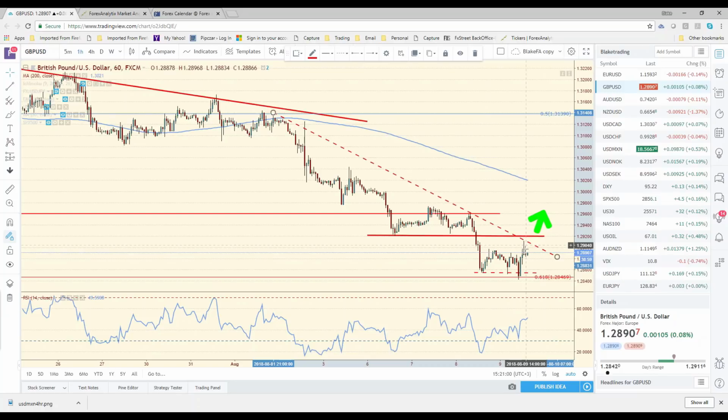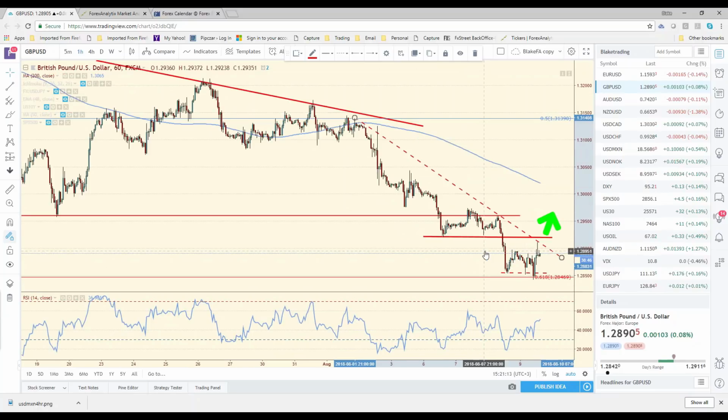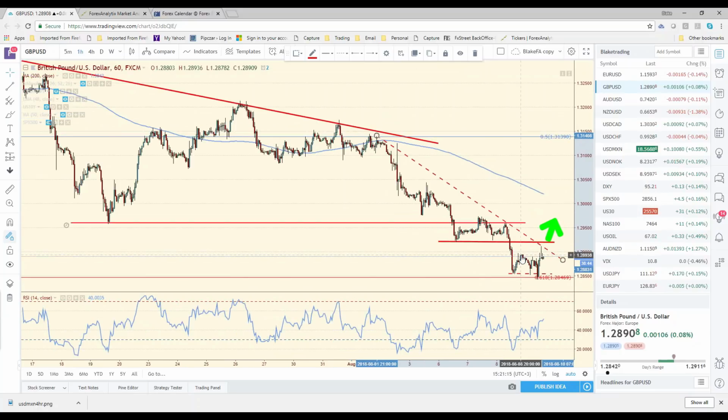So this has to happen in order for the pound to really accelerate. And for me to even think about adding to the pound long on this reversal, I need to start seeing a break above 129.20 to add to it and think that it's actually turning bullish near term.